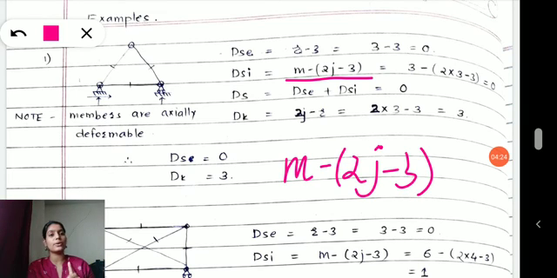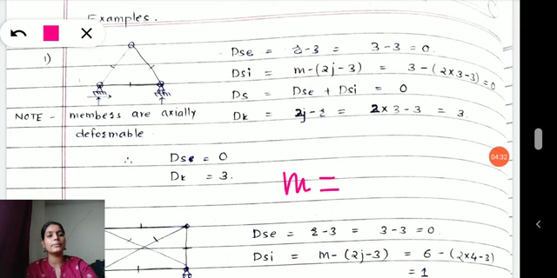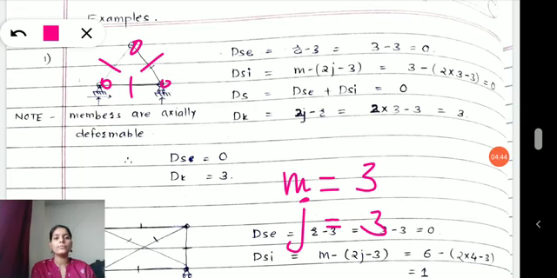If we are solving for a cantilever, the formula changes. Hope you have remembered that. Here m stands for the number of members and j stands for the number of joints. Number of members: 1, 2, 3. Number of joints: 1, 2, 3. So we have 3 members and 3 joints.